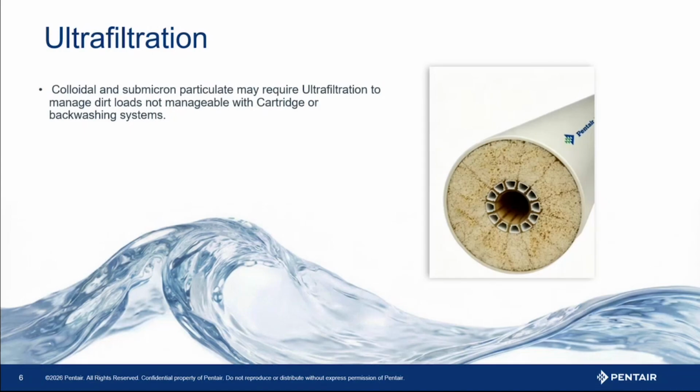When we form iron particulate or oxidize iron at high pHs, we may create colloidal particulate. Colloidal particulate is submicron, smaller than 1 micron, and can be so small that it doesn't drop out of water easily. It's not heavy enough. It just sort of floats like dust in the air, never wanting to settle out.